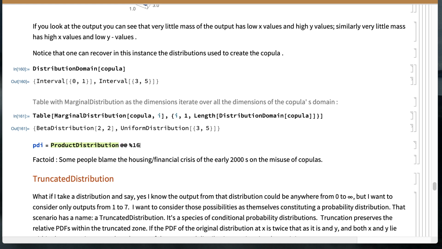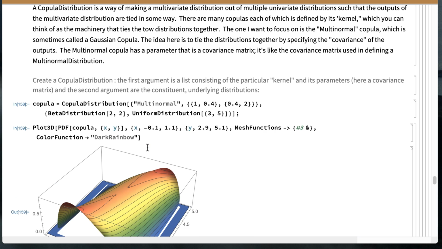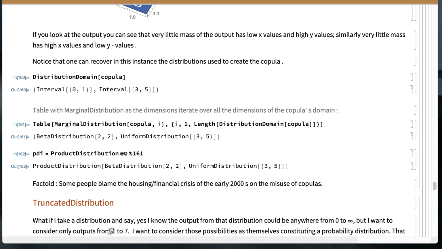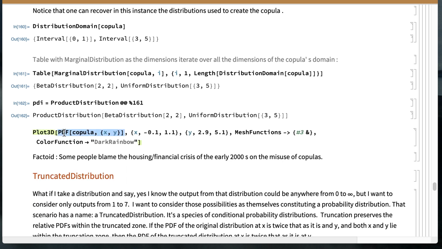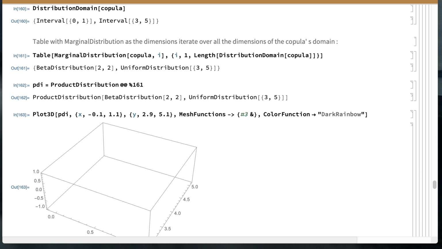That's 161. Okay, and now let's just plot the PDF of that. So let's just borrow this code right here and substitute in PDI. And let's see what happens. And we get a disaster.